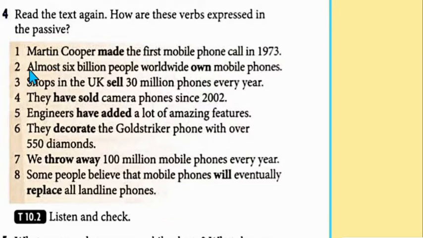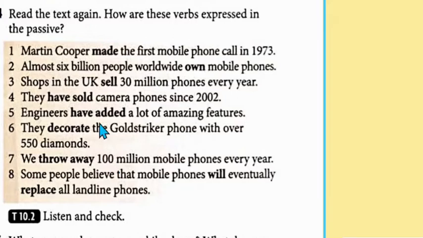These are 8 active sentences. Number 1, Martin Cooper made the first mobile phone call in 1973. So this is the active sentence. Now let's make it into passive voice.